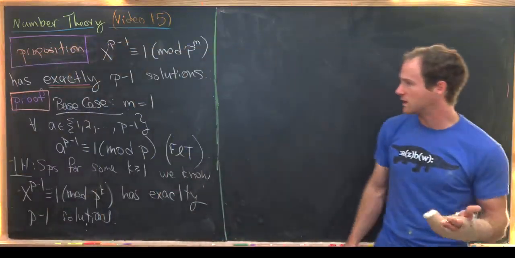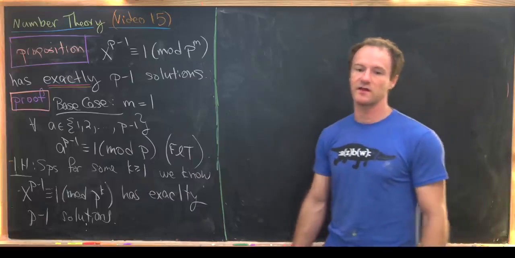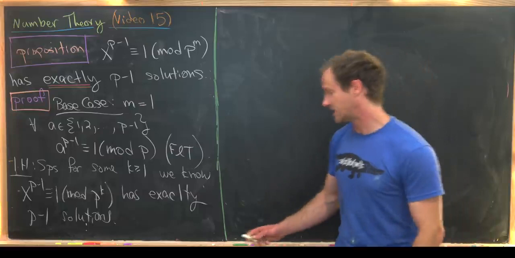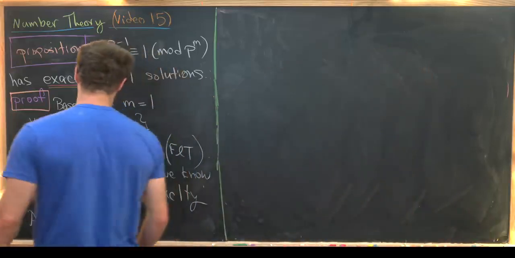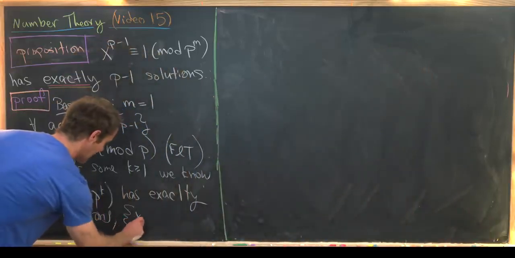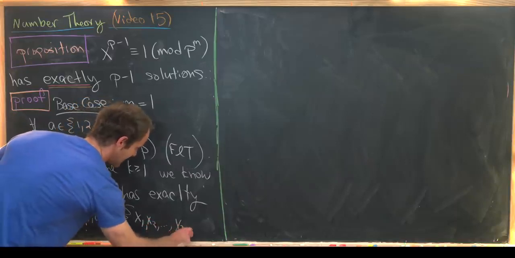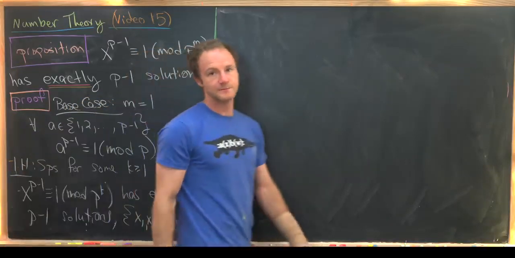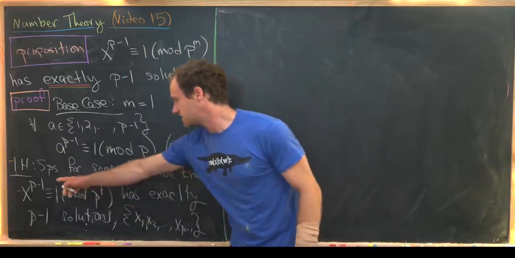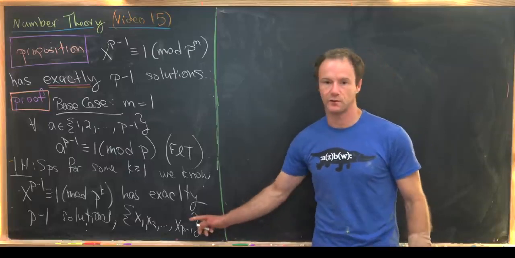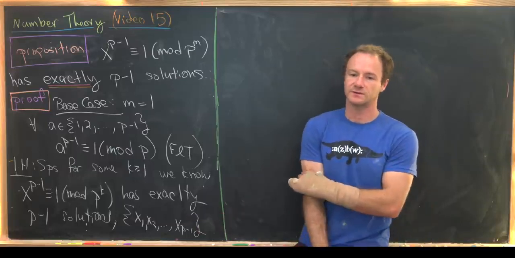And now we're going to want to consider the next case. Before we move on to our induction step, let's name these solutions. I'm going to name them x1, x2, all the way up to x p minus 1. So that means x1 to the p minus 1 is congruent to 1 mod p to the k, and so on and so forth. We've got that for all of those.